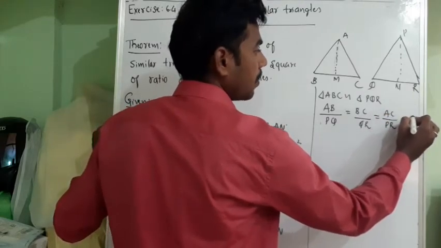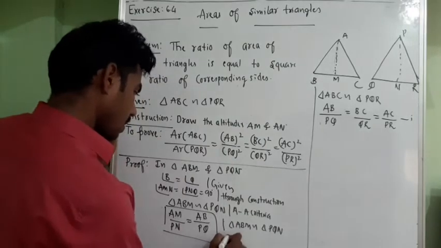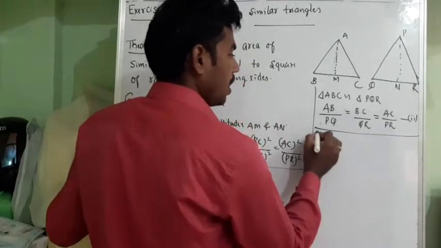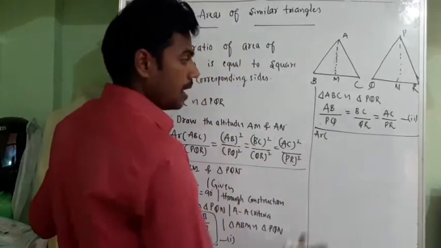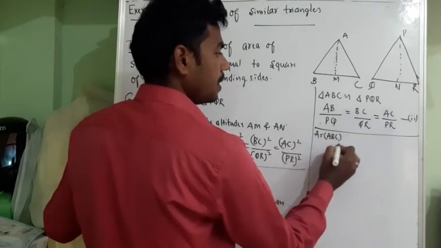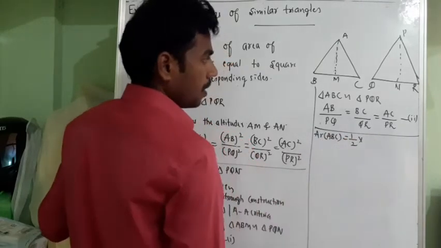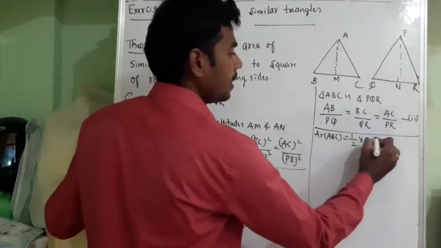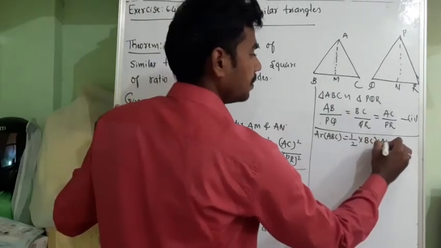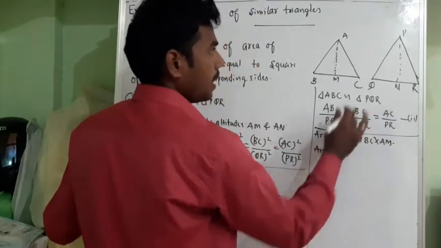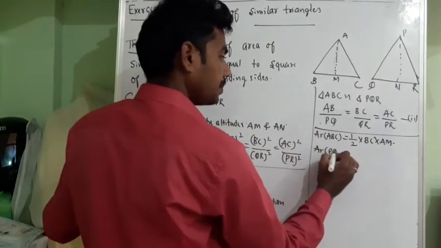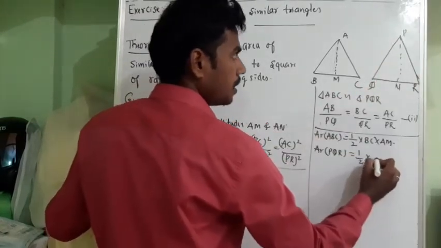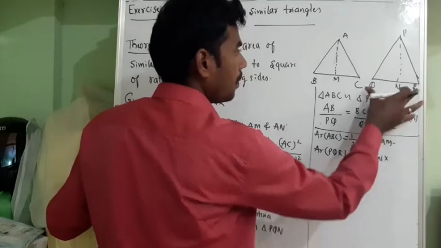We call this equation number 1, this as equation number 2. Now, area of triangle ABC is equal to half into base BC into height AM. Now, area of triangle PQR is equal to half into altitude PN into base QR.